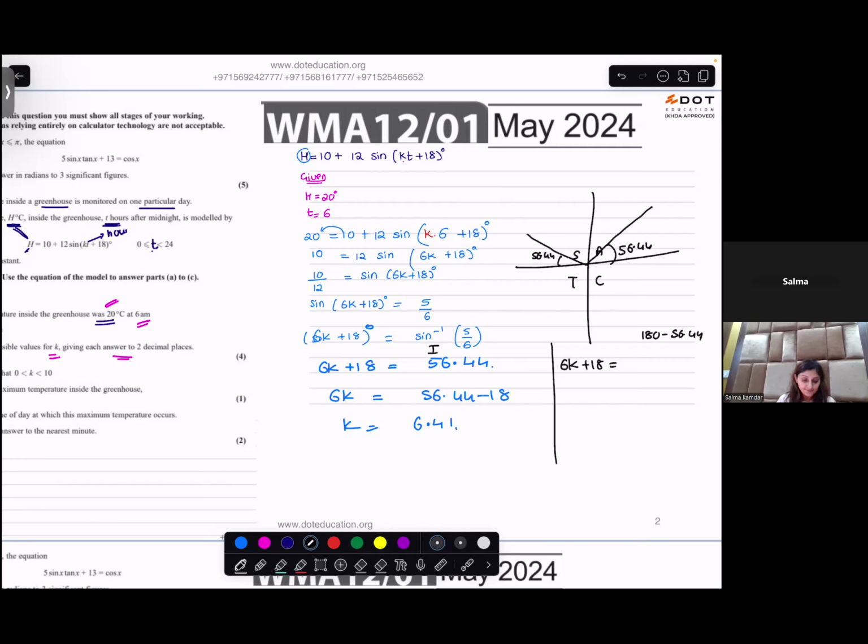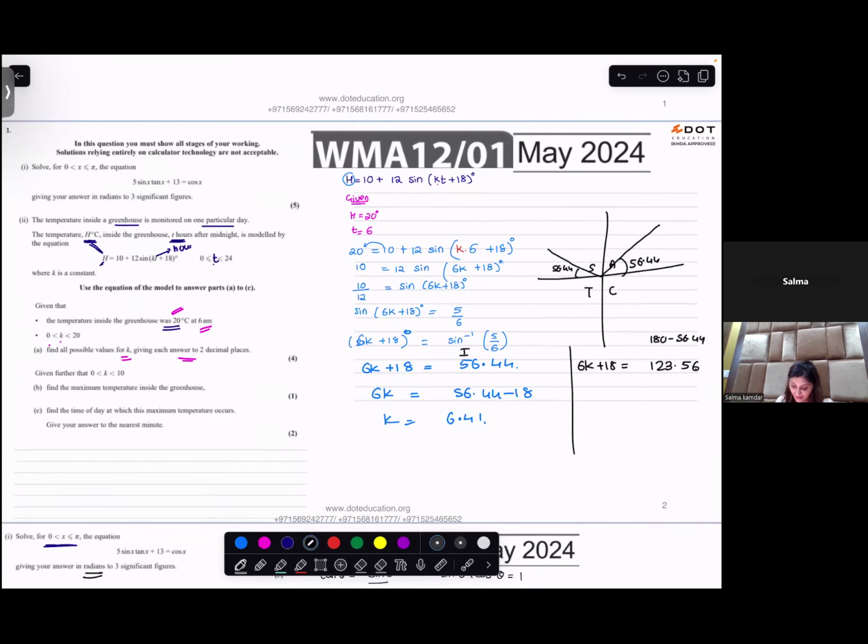So 180 minus 56.44, it is going to give me 123.56. Okay, and I would see if I have to change the circle. I would try to find the other values, and if needed, I will have to keep on finding the other things because my k is between 0 to 20.